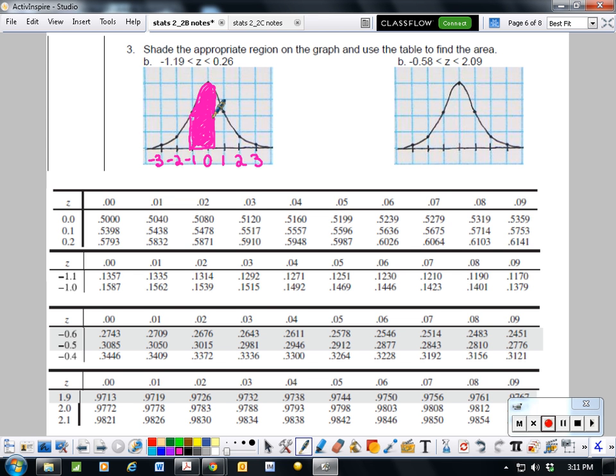So now I'm going to take this top one, because when I do the top value, it's going to give me everything below, but I'm going to subtract the part I'm missing. So I'm going to take the 0.6026, and subtract the part that I'm missing, the negative 1.19, so 0.1170.